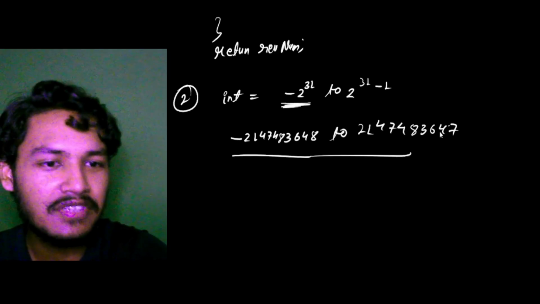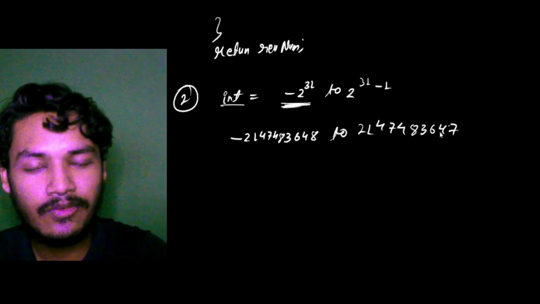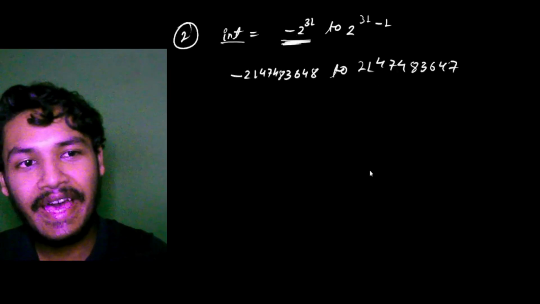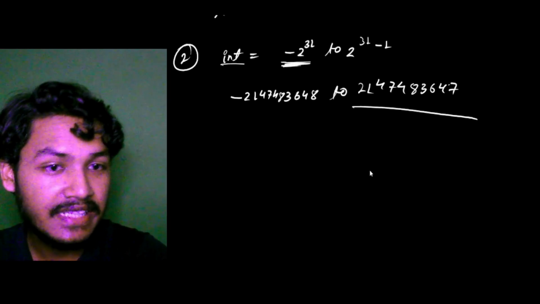All right, so this is the range of the int data type. So the edge case is what if our value is exceeding this range.